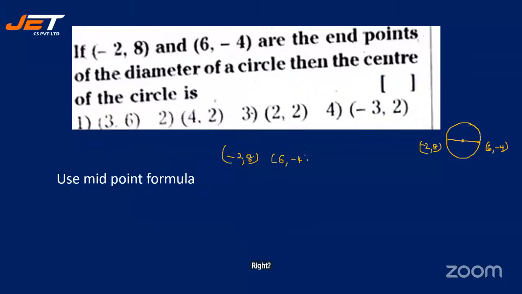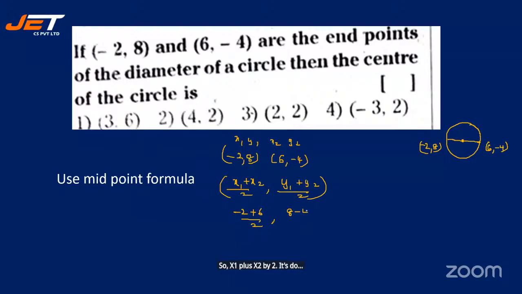Right? So what is the midpoint formula? For x1, y1 and x2, y2, it is x1 plus x2 by 2, comma, y1 plus y2 by 2.